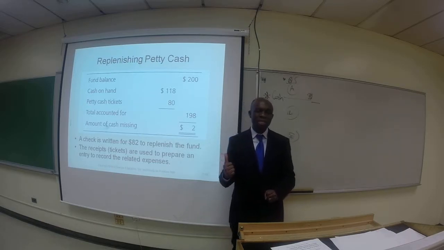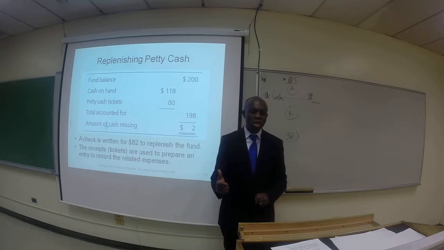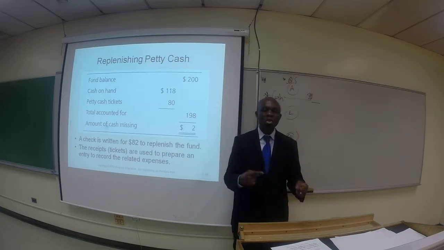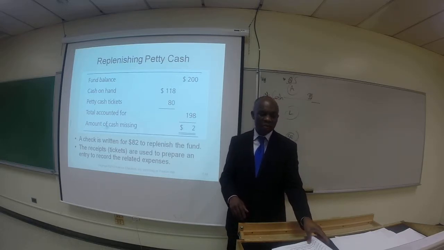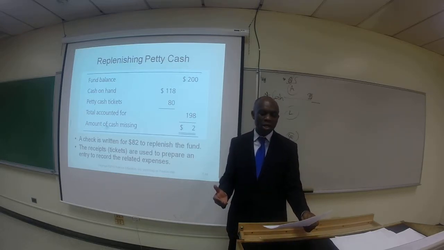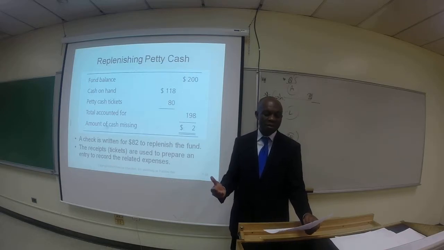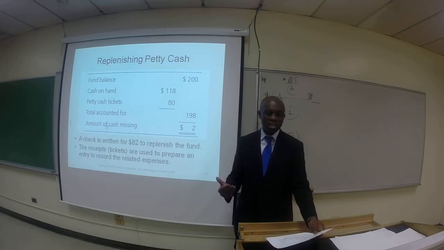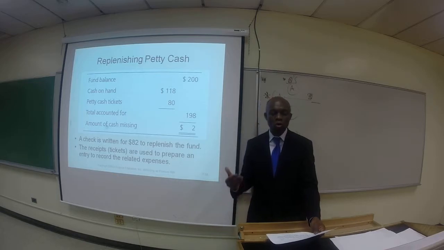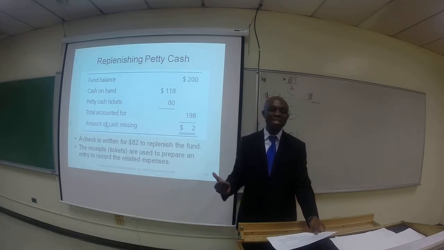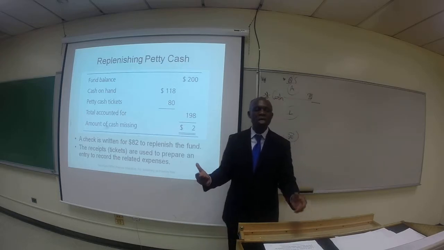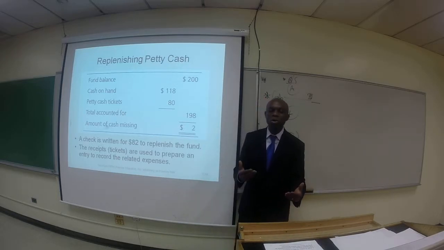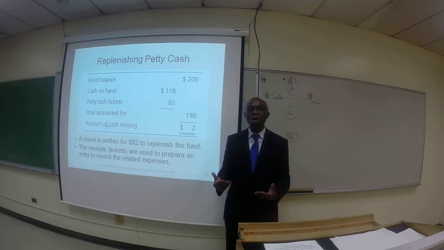So let's take a look at the example that we have here. We started with $200, all right? Now the cash on hand was $118. Now if cash on hand was $118, then we should have petty cash receipts to the tune of $82. But in this case, we have only petty cash tickets or receipts of $80. So 118 plus 80 gives you 192.